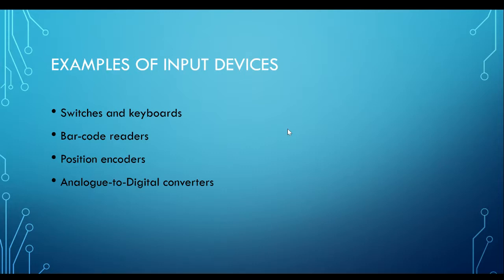Then there is analog to digital and digital to analog, in both ways, ADC and DAC. You have a sensor that gives you an analog voltage based on your proximity or your temperature or whatever.